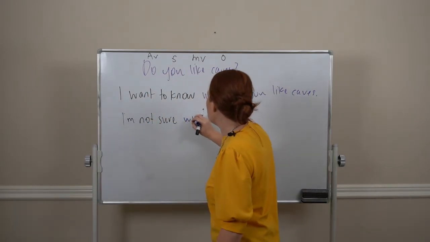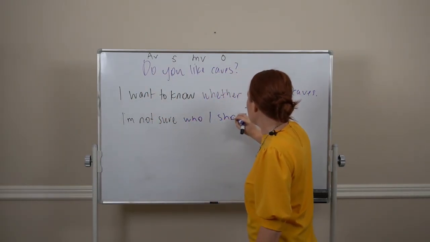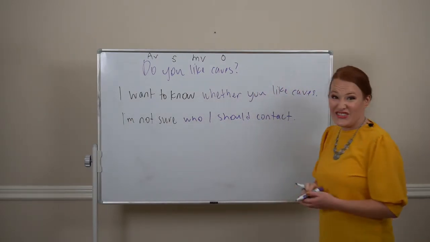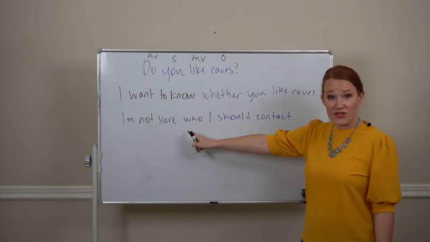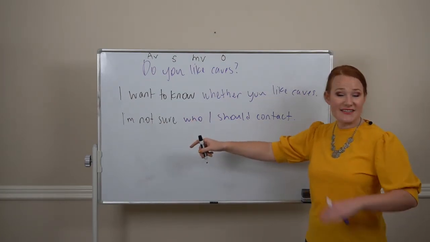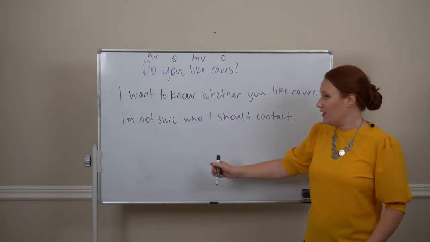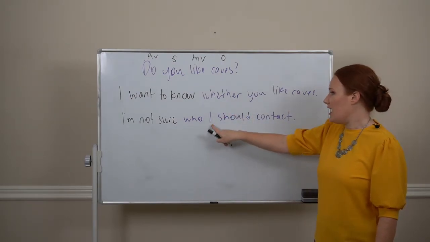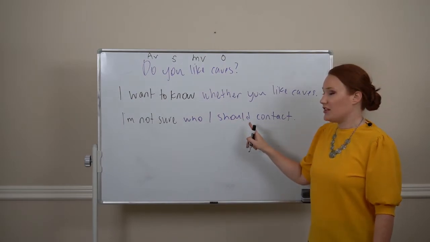I'm not sure who I should contact. This is confusing. It starts with a question word, who, but it doesn't follow question word order. It's our question word and then a statement. Who I should contact, subject, verb.